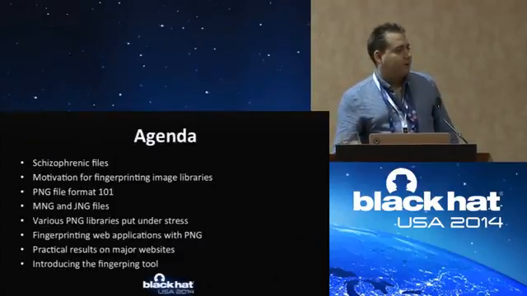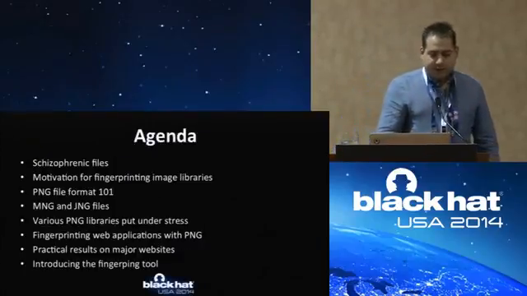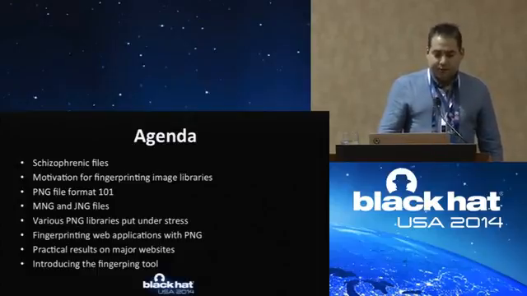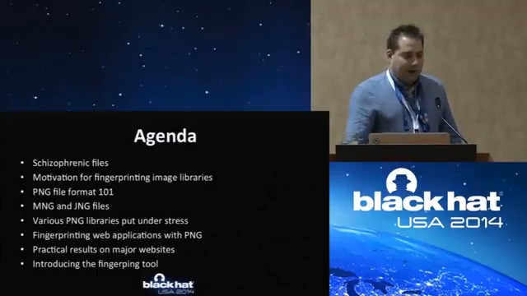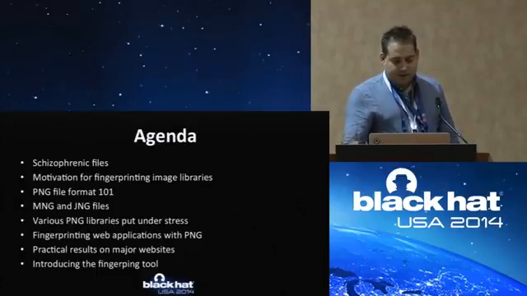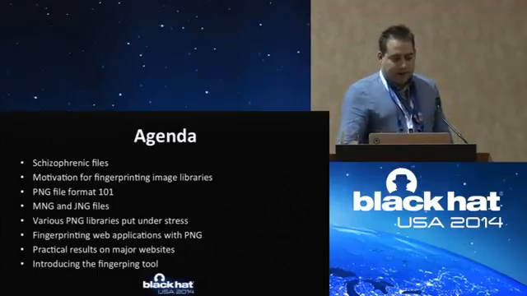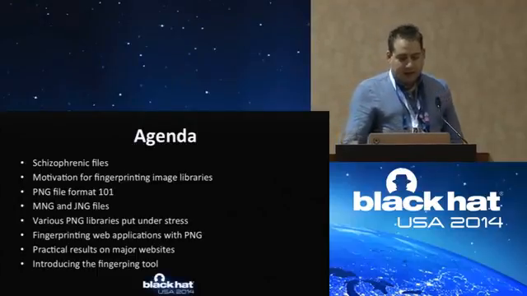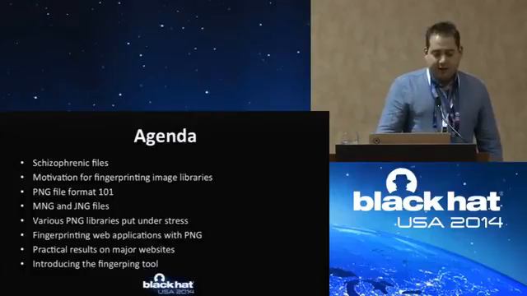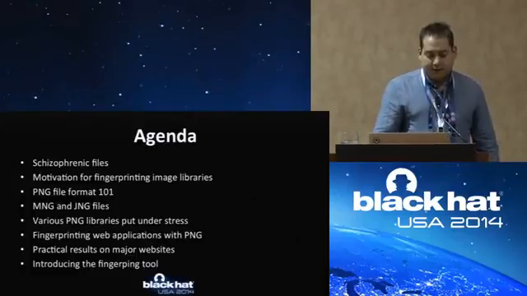So what is this talk about? I will first introduce the concept of schizophrenic files, which you might already know about. And I will explain why it is interesting to fingerprint image libraries. Then I will quickly explain the PNG image file format and MNG and JNG, which are variations of it.